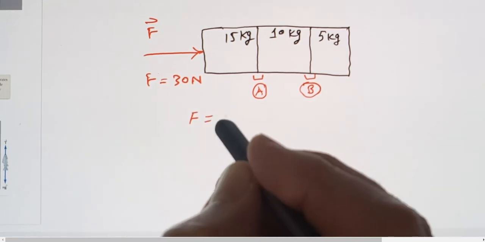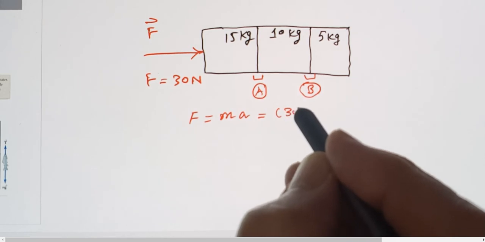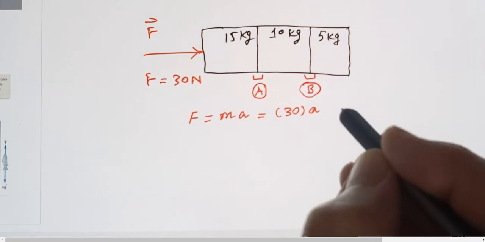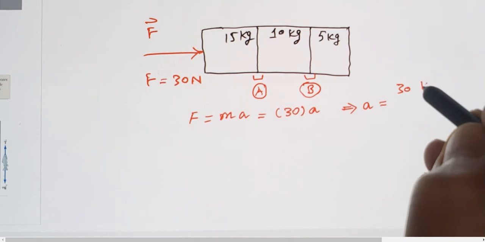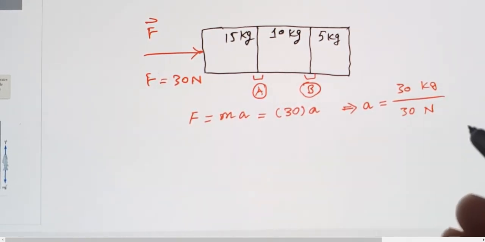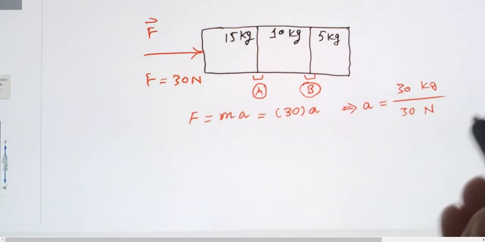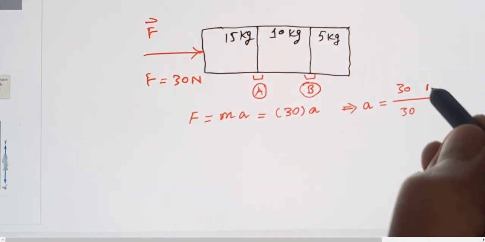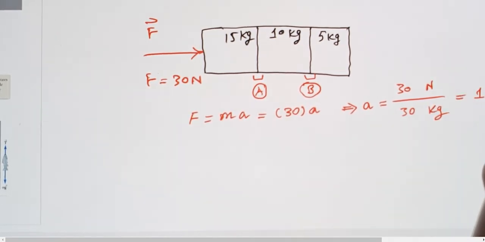F is equal ma, and that is 30 kilograms of the acceleration. Oh, sorry, the acceleration is 30 Newton over 30 kilogram, which is 1 meter per second square.